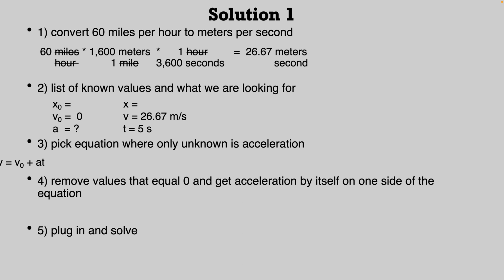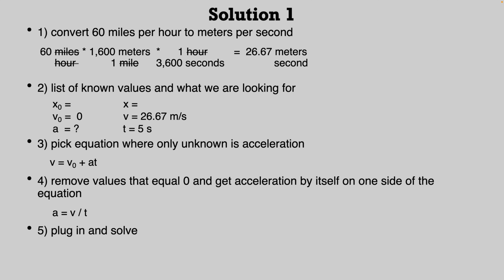The first equation, this one, is the best fit for that. Now you remove the values that equal 0, which would be the initial velocity in this case, and then you get the acceleration by itself on one side of the equation. The initial velocity is 0, so you just divide both sides by the time, and that leaves you with the acceleration equal to the final velocity divided by the time.